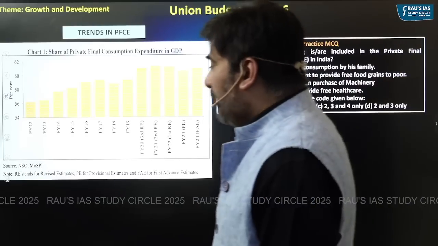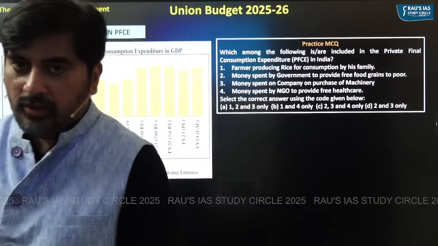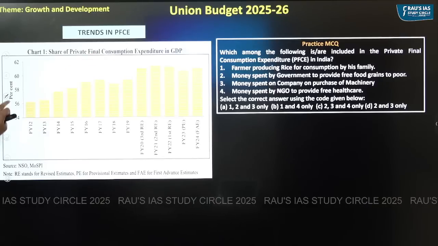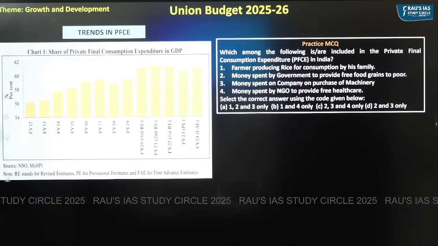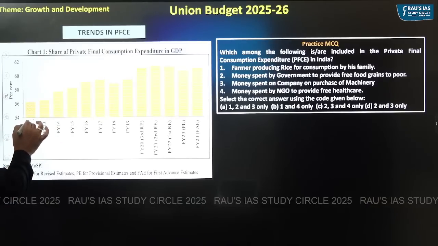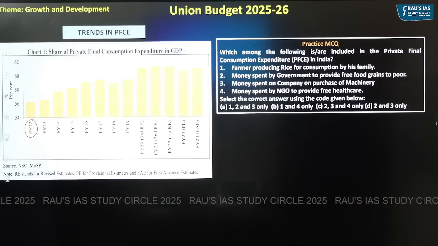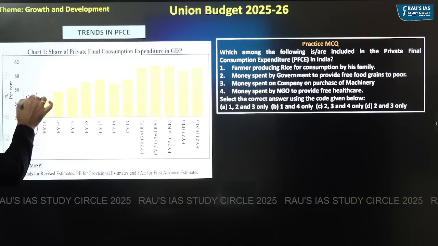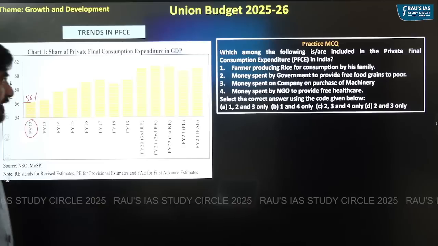Next, let's see what has happened with respect to the contribution of PFCE in India's GDP. You can see almost a decade back, private final consumption expenditure used to account for somewhere around 56% of GDP.